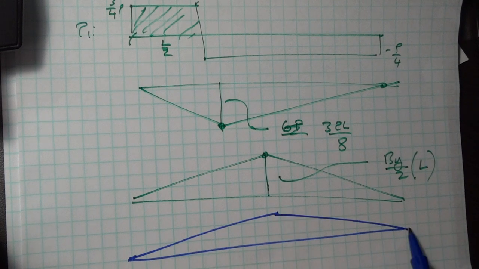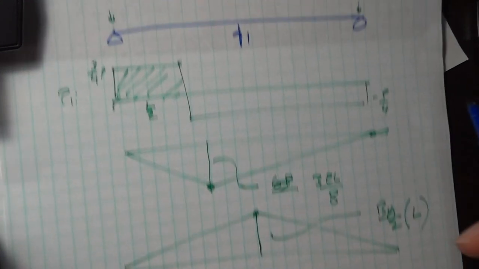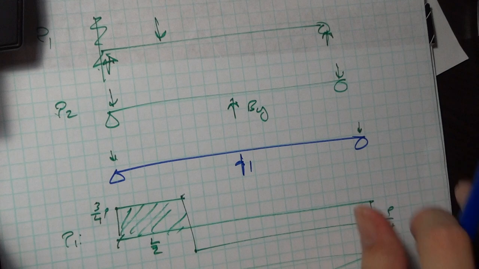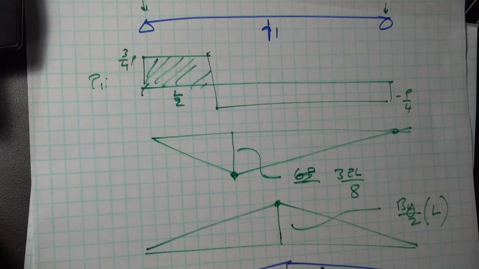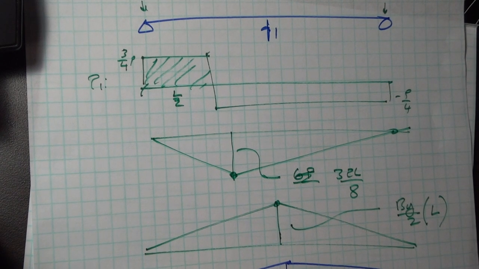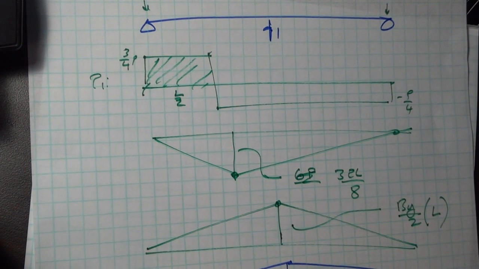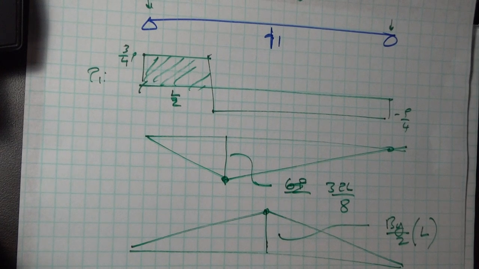My Q system is essentially a case where BY is equal to 1, so I would just get a height here of L on 2.